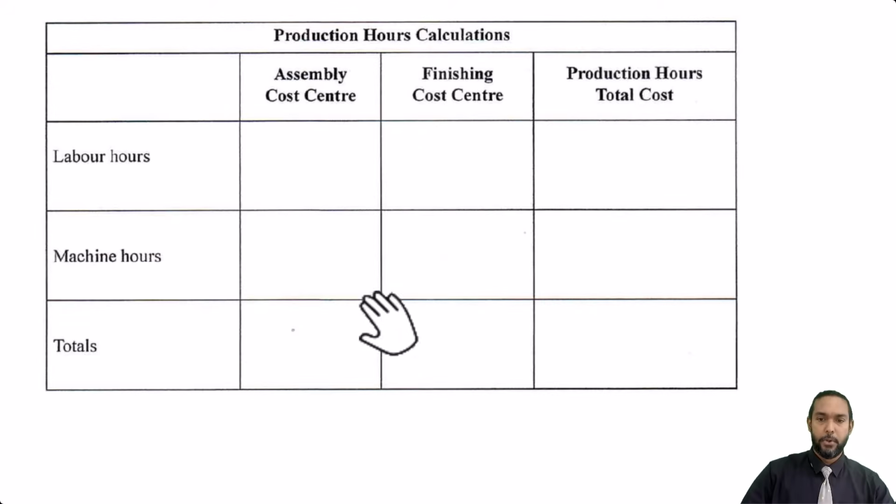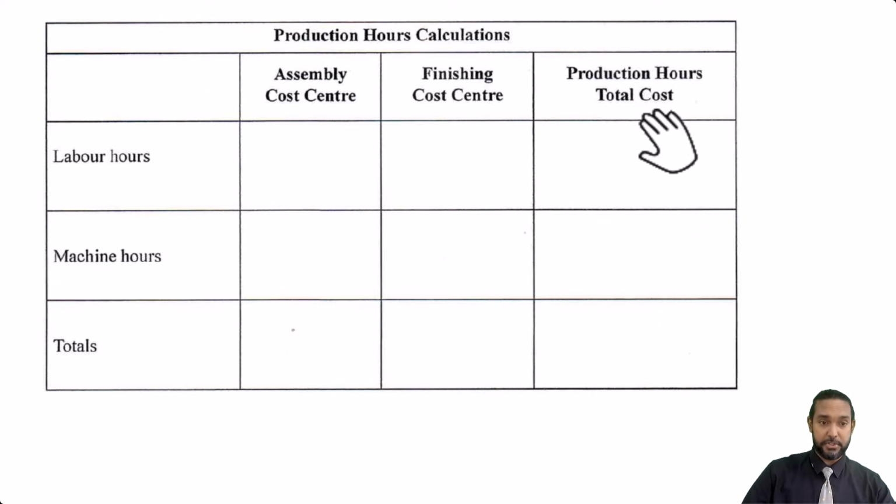Let me scroll on a little bit. Give me 1 second. Okay, so they give you a nice table here, production hours calculation. So this confused some people, and I'll be real honest, it confused me initially, and I'll tell you why in a little bit, right? Let's read the table. So you have a few columns here. Assembly cost center, finishing cost center. So you want the labor hours, the machine hours, the totals, and then the production hours total cost.